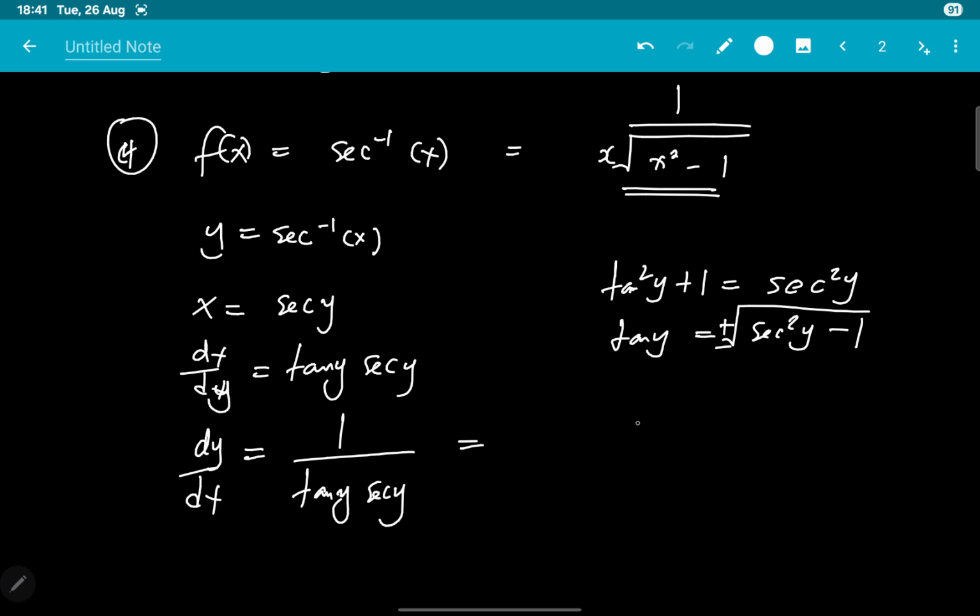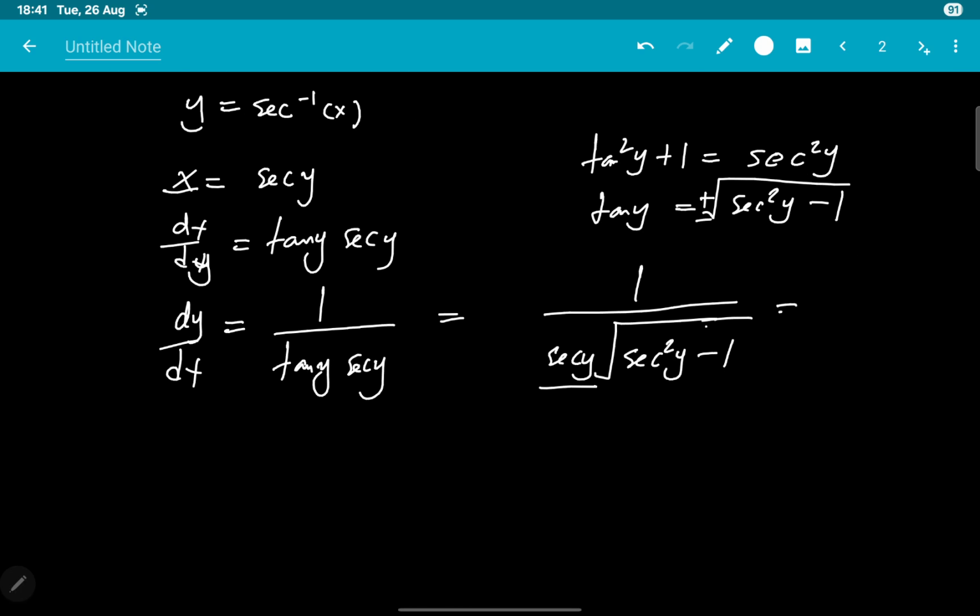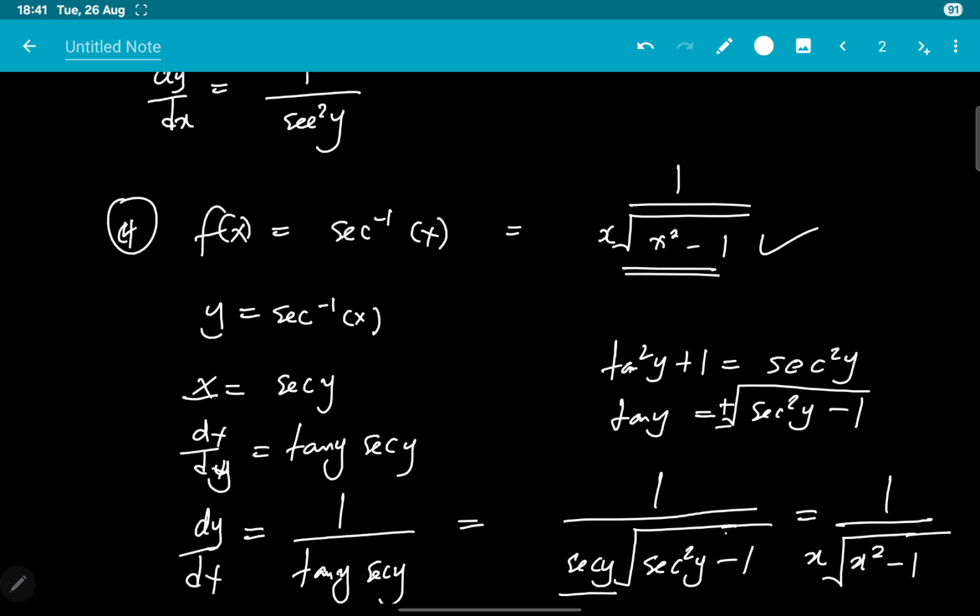Now if I substitute here, I'm going to have sec y, then the root of sec squared y minus 1. But sec y is x, meaning we have 1 over x outside, and here we have the root of x squared minus 1. It's the same thing that we had before.